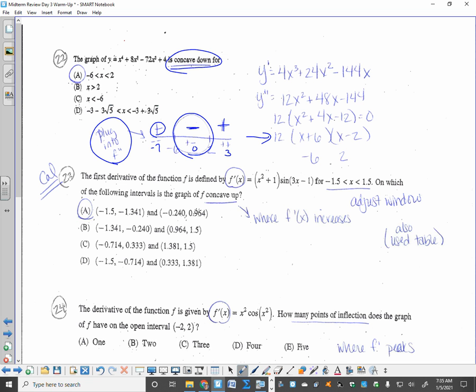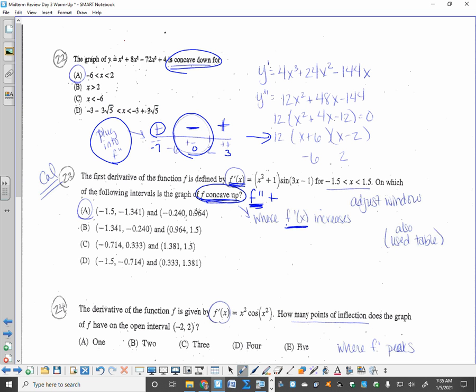All right, now this is asking about the concavity of f, which is really asking you to look at f double prime, but it's giving you the graph of f prime. So to find where f double prime is going to be positive, because that's going to make us concave up, then I need to know, remember, f double prime is the slope of f prime.